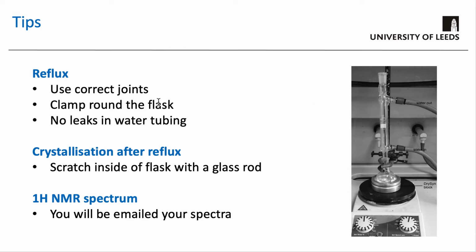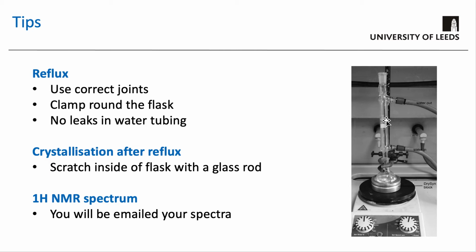Okay. The next thing you need to do is make sure that you clamp around the flask and not round the condenser. So look at the picture that you have in your script and make sure you follow it correctly. This is because if you're heating your reaction and for whatever reason you need to take your reaction off the heat, you need to be able to lift your apparatus off and away from the hot plate so there's no contact with the heat source.